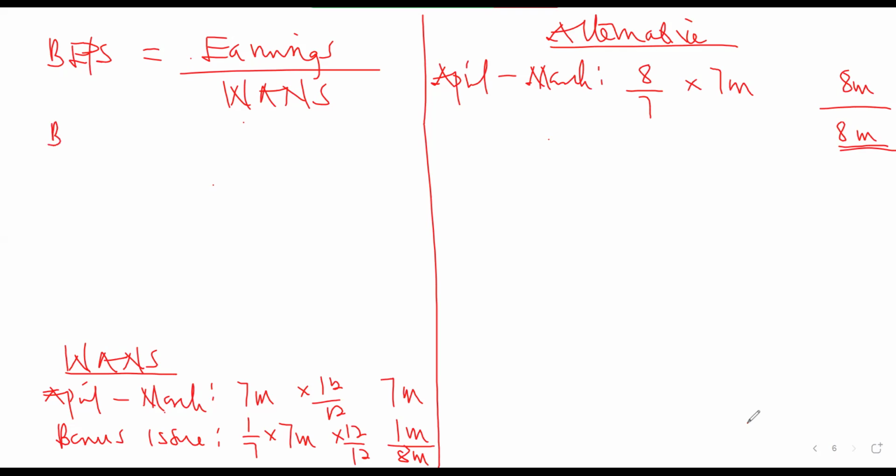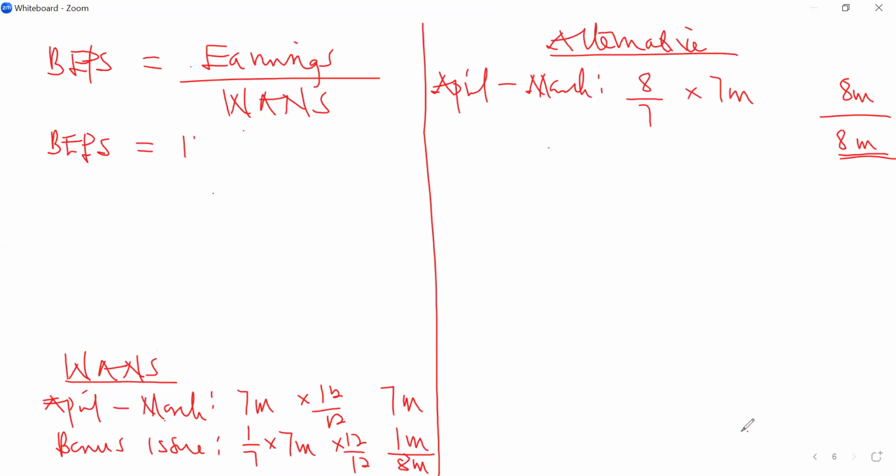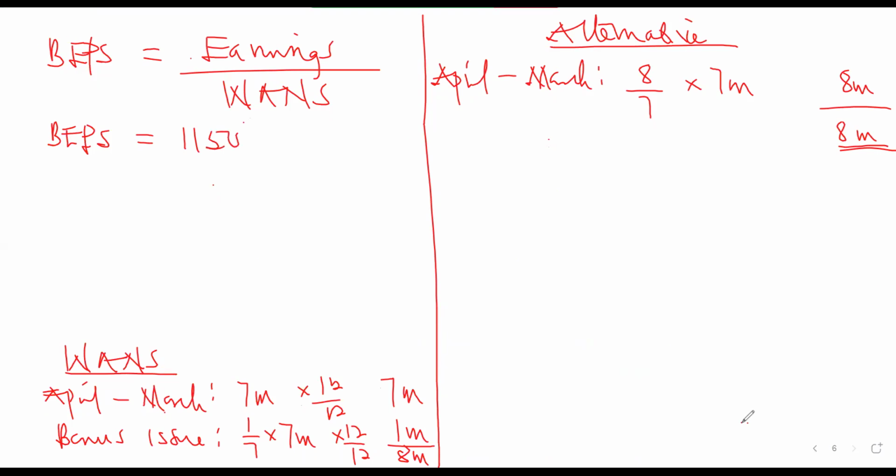So we have the basic earnings per share to be, what is the earnings for this year? 1,150,000. So we have 150,000 divided by 8 million. Okay.